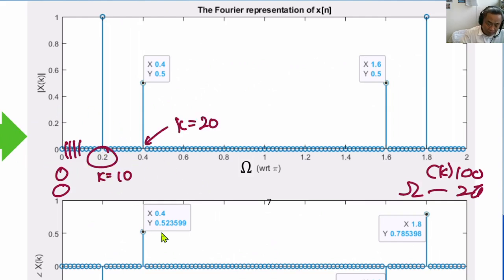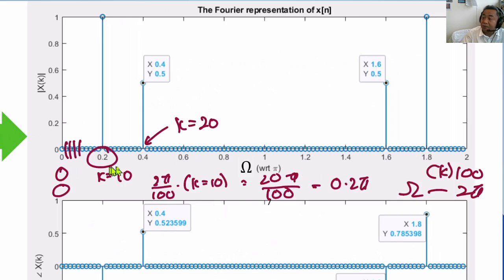What does k equals 10 mean? It is 2 pi over 100 times k equals 10, which is 20 pi divided by 100, so it is 0.2 pi. This is omega, the digital angular frequency.